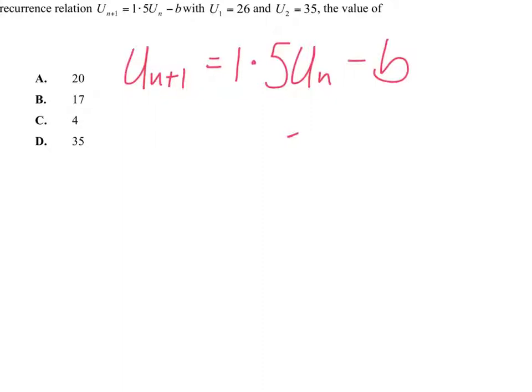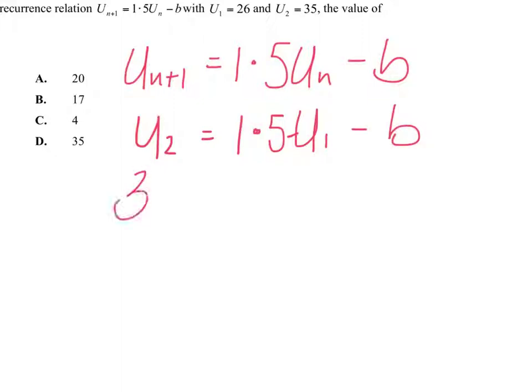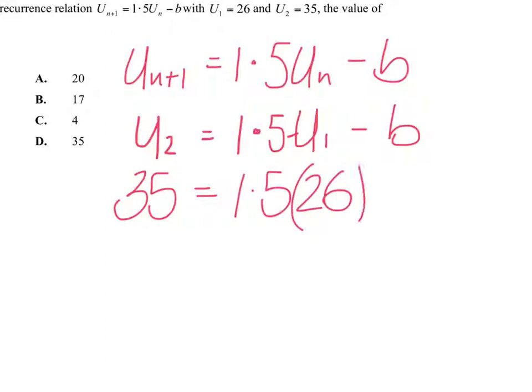If we write down a recurrence relation with U2 and U1, first of all, then we should be able to work out the value of B. So U2 is equal to 1.5 U1 minus B. We know U2 is 35, so 35 equals 1.5 times U1, which is 26, take away B. So that's 35 equals 1.5 times 26.